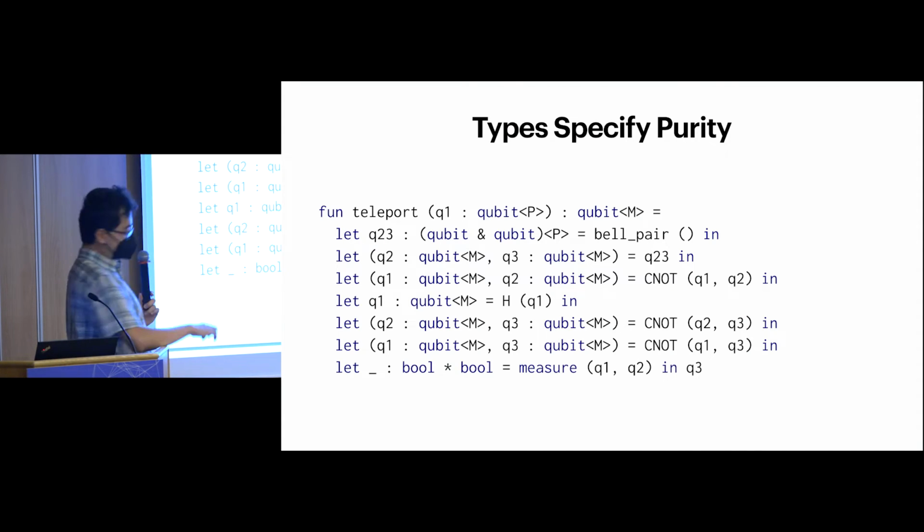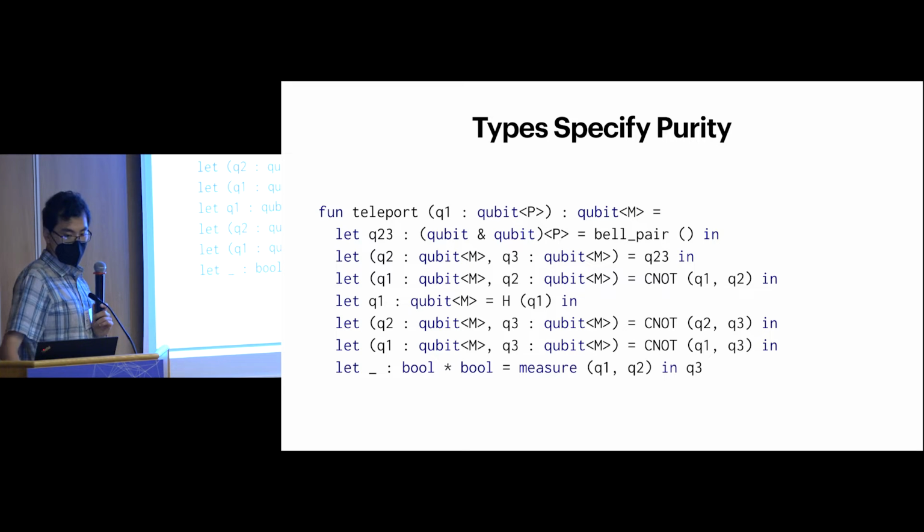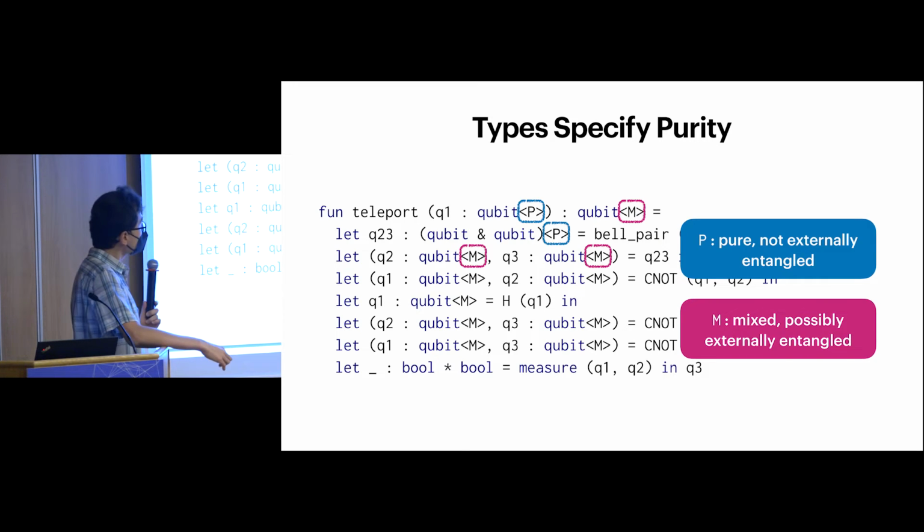So what we can see from this example is that every single qubit in the program has been annotated with an annotation describing whether the purity property is supposed to hold on it. And remember that an intuitive explanation of purity is that it is not supposed to be entangled with any other data in the program. So here we see that we have the buggy teleportation function.